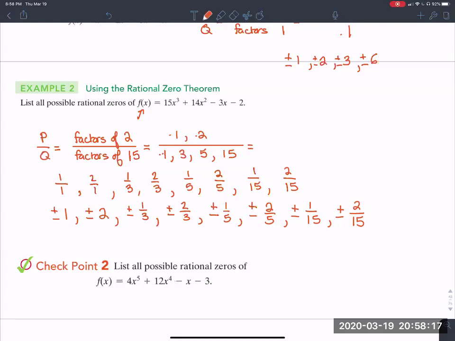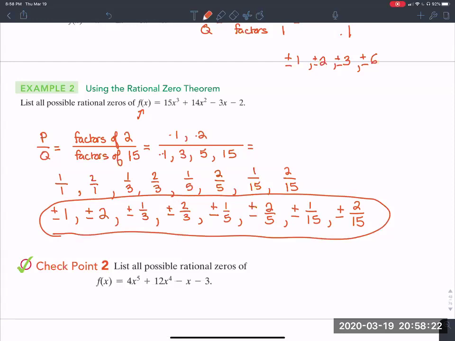So these are all the potential rational solutions of this polynomial. If it has rational solutions, not saying that it does, then they are either plus or minus 1, 2, 1/3, 2/3, 1/5, 2/5, 1/15, and 2/15. So you have 16 potential solutions.